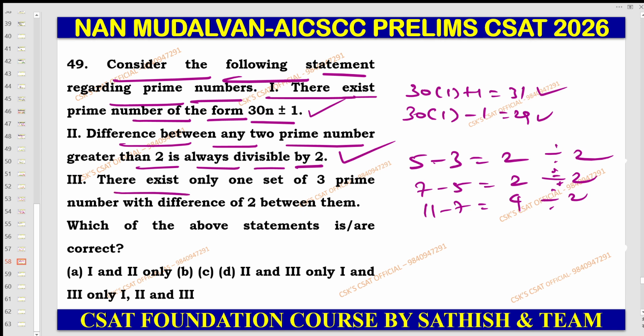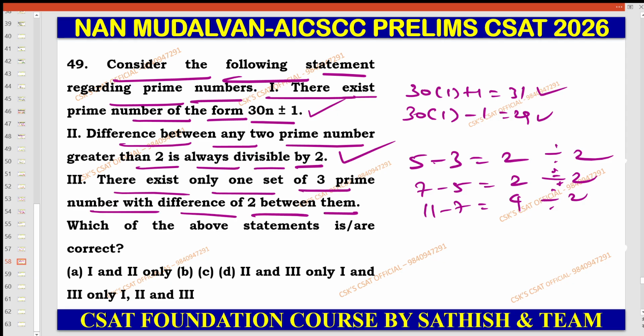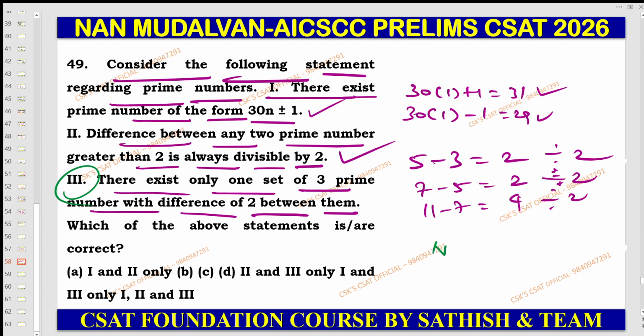Statement number 3. There exists only one set of 3 prime numbers with a difference of 2 between them. Only one set. This is the property part. In my class I gave you this as a question as well as this format. Right, n, n plus 2, n plus 4, this we have discussed as a separate question itself.